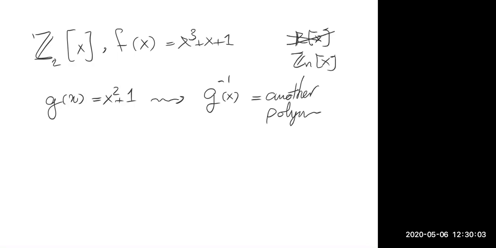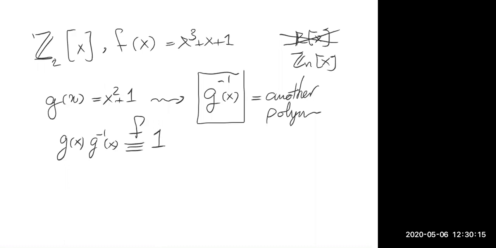I'm sorry, it doesn't make sense over R[x]. g inverse is another polynomial such that if I multiply g of x and g inverse of x, mod f, this is going to be 1. So let me give you an example. Here, x squared plus 1, I claim there exists another polynomial such that if we multiply these two, mod f of x, the answer is going to be 1.